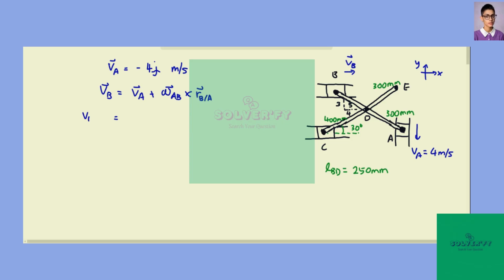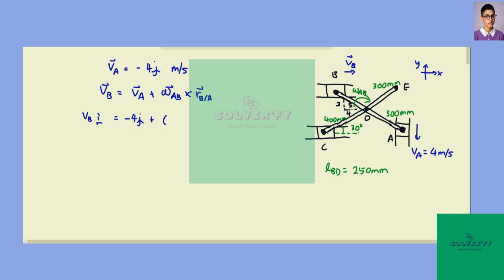Okay, so VB i hat is equal to minus 4j plus, so take the fact that A is moving downward and B is going to move right. That leads to AB going clockwise.